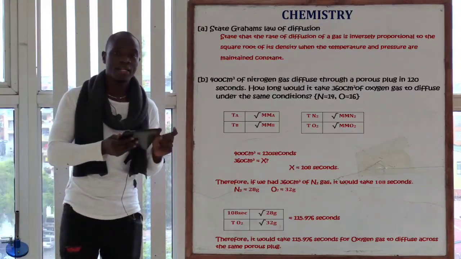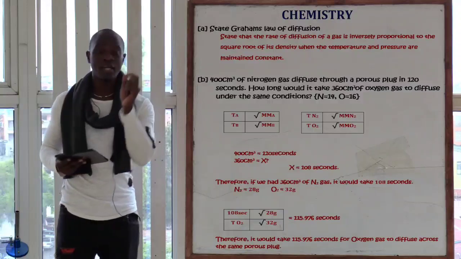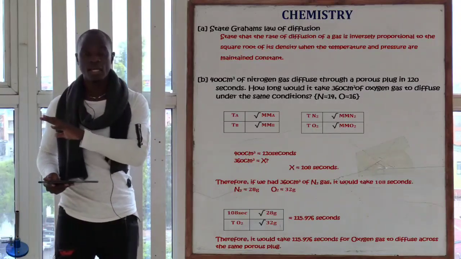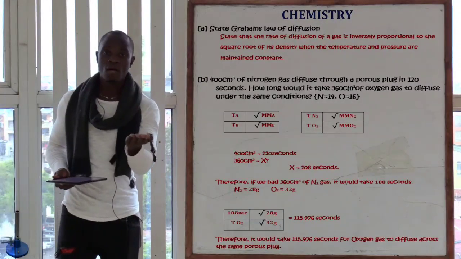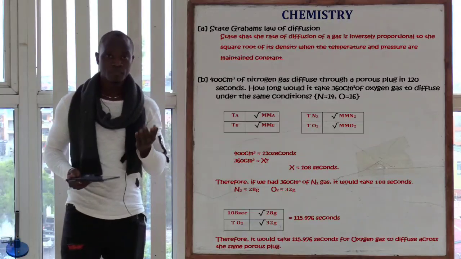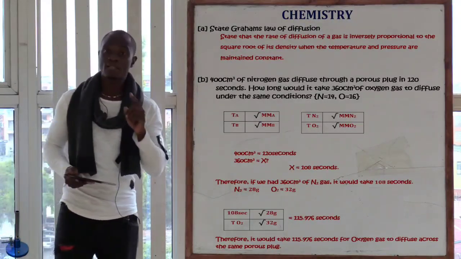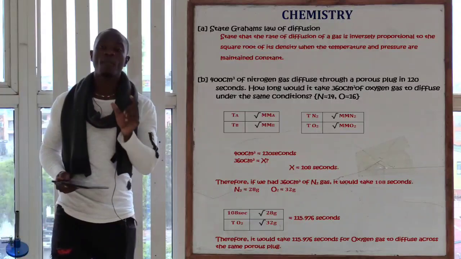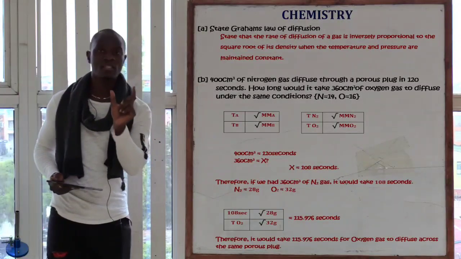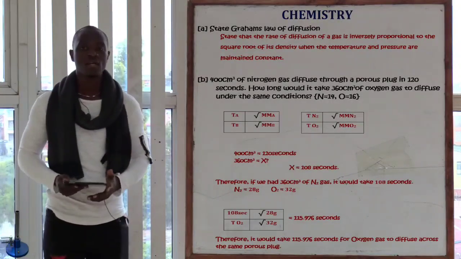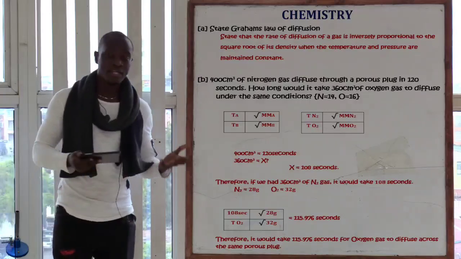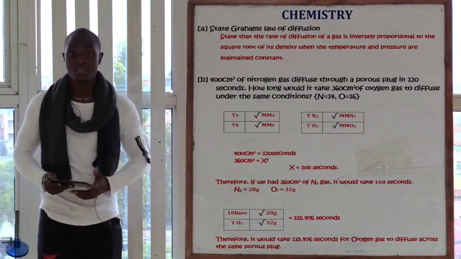What about 360 centimeters cubed of nitrogen gas, not oxygen? Let's bring nitrogen to the level of oxygen in terms of volume. If 400 centimeters cubed of nitrogen takes 120 seconds, how long will 360 centimeters cubed of nitrogen gas take?